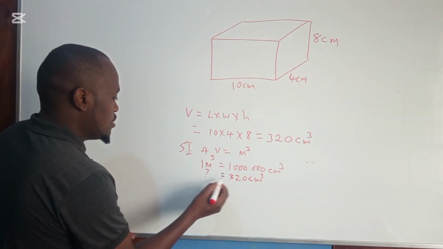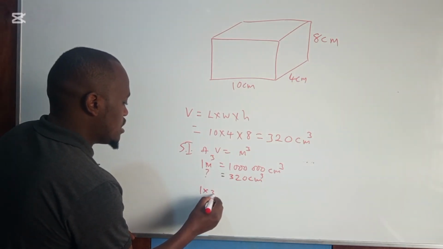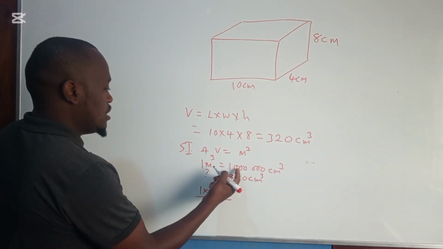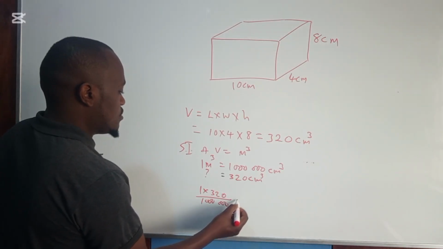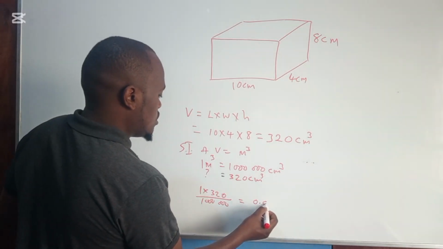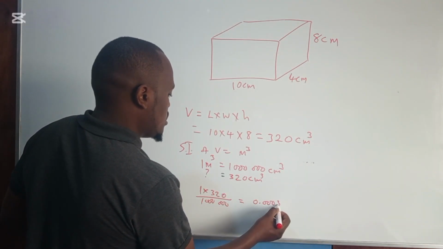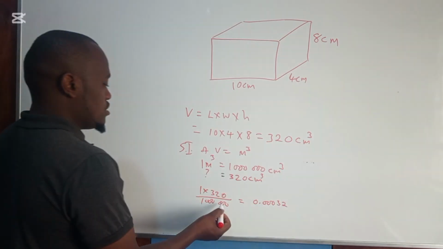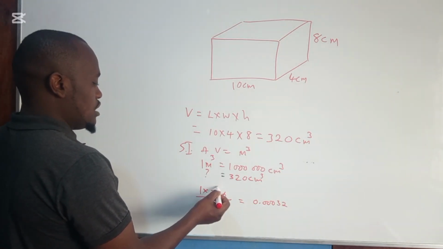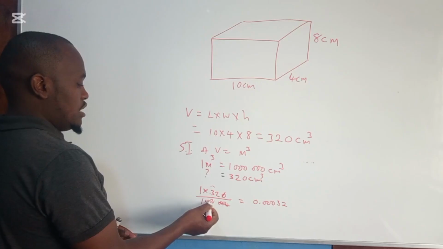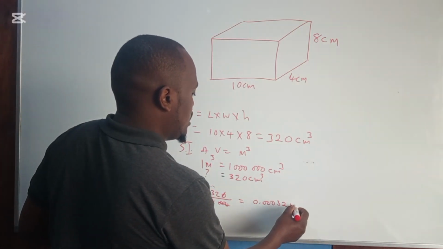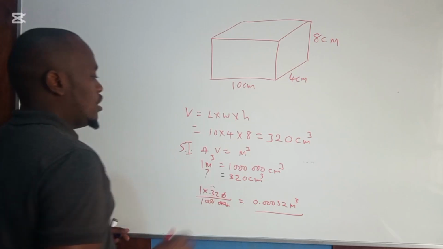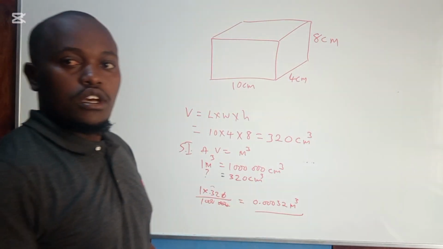You have 1 times 320 all over this one comes down. So this is 0.00032, because the first 3 zeros will cancel this and take the decimal here. Then this will add 3 zeros. Meter cubic. This is the answer.